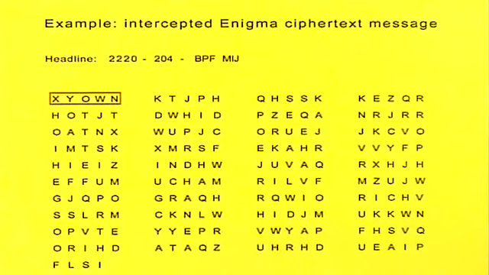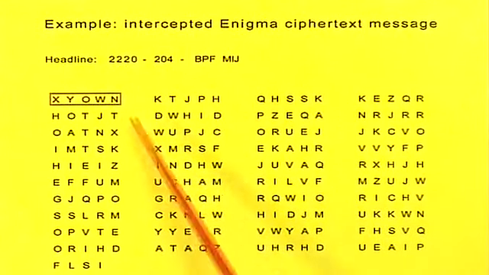Then the message is divided into groups of 5 letters each. The first 5 letters of an Enigma message, which were also sent unencrypted, stand for the Kenngruppe.